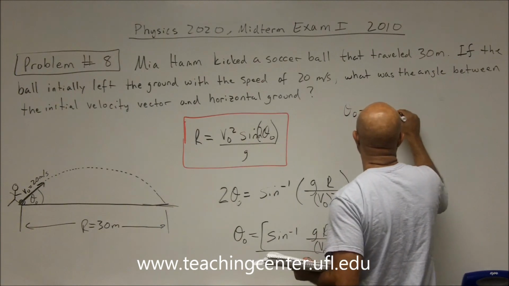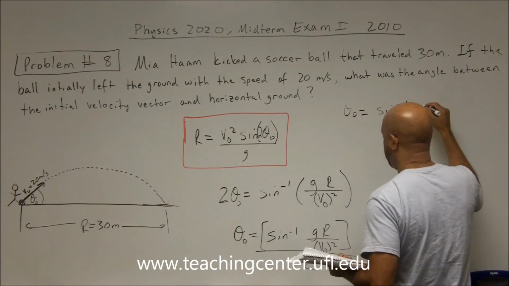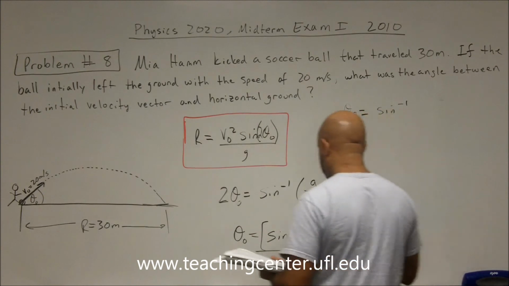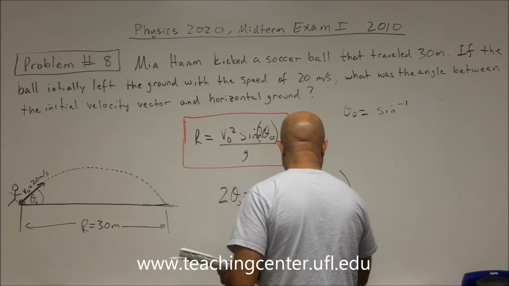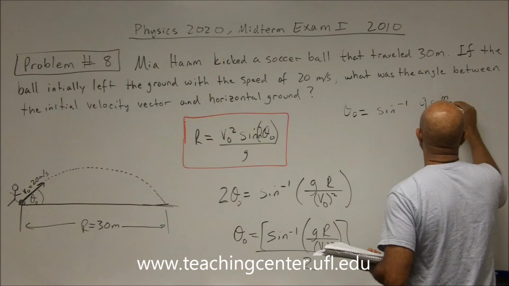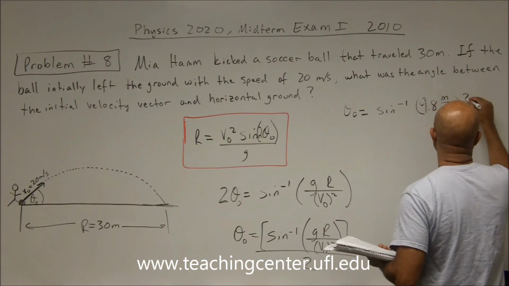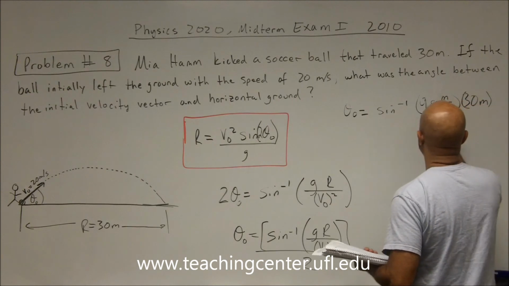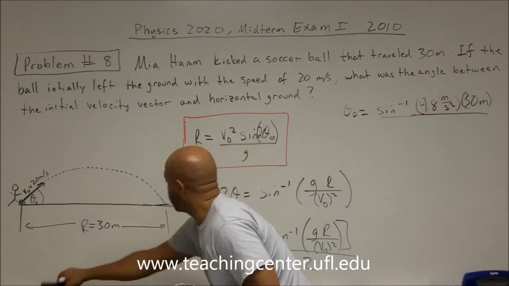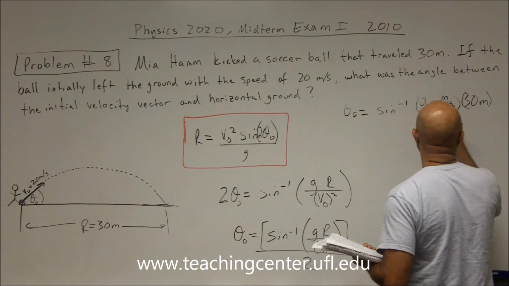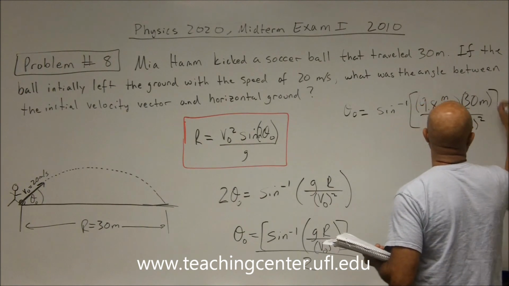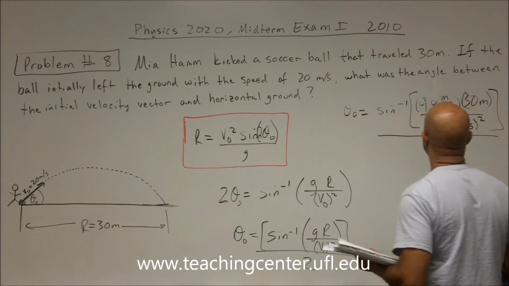So we have the sine inverse of 9.8 meters per second squared times the range, which is 30 meters, divided by the velocity, which is 20 meters per second, this quantity squared. And this whole thing is divided by 2.